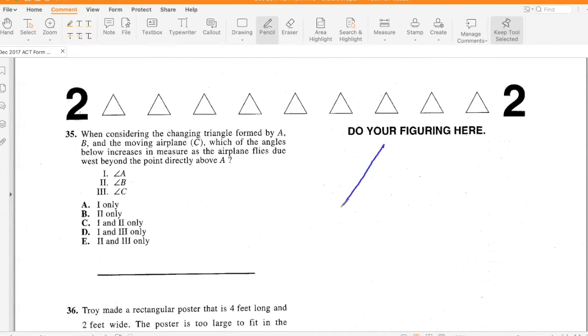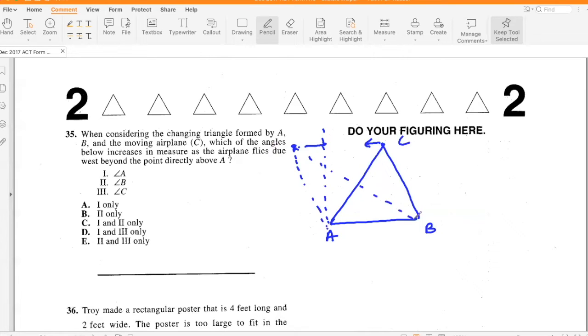Right now it is something like this: A, B, and C, and it's flying due west. So which angle increases as it continues to fly and goes beyond A? So let's say it comes somewhere here. So the new triangle will look like this.